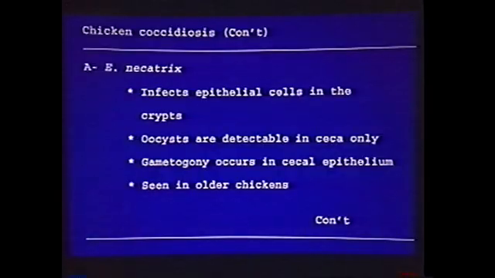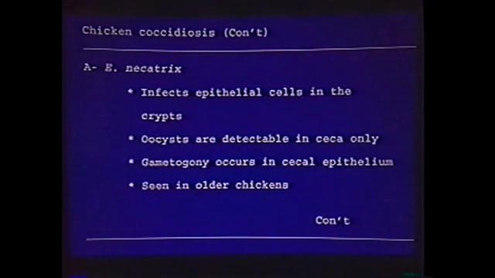Eimeria necatrix infects the deep epithelial cells. That is why it will cause rupture of blood vessels and hemorrhagic enteritis. Similarly Eimeria maxima and Eimeria tenella proliferate deep down in the crypt epithelium.